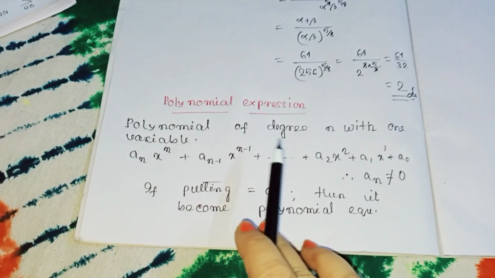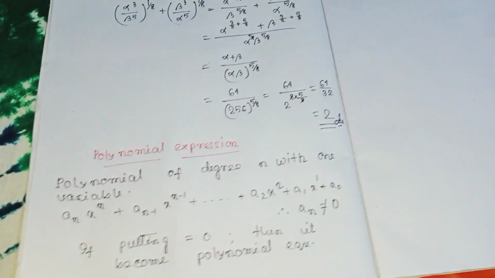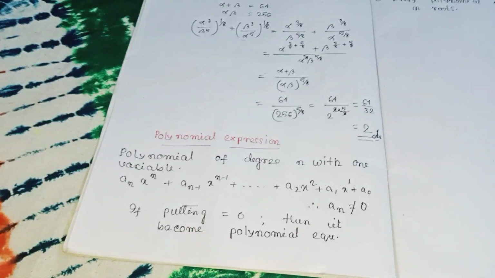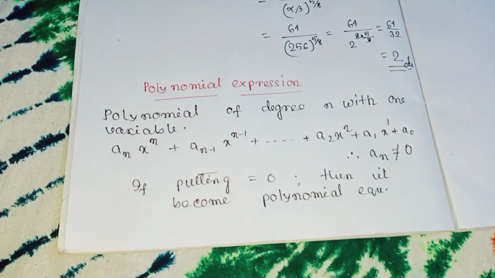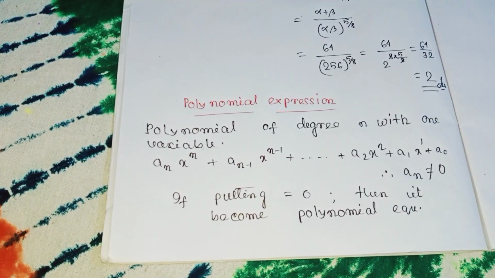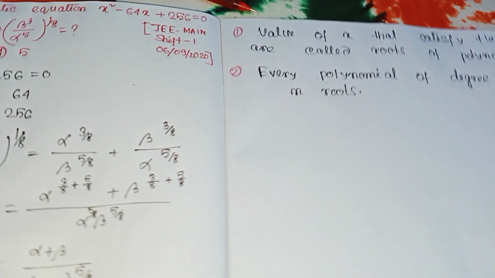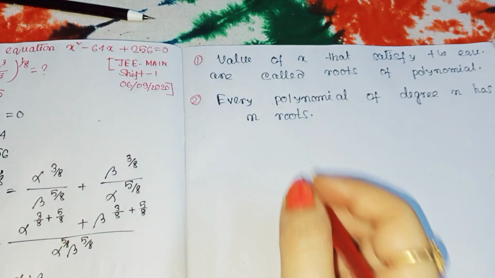So if the degree of the polynomial is n, then the number of roots of the equation is n. Now we move on to the quadratic equation.